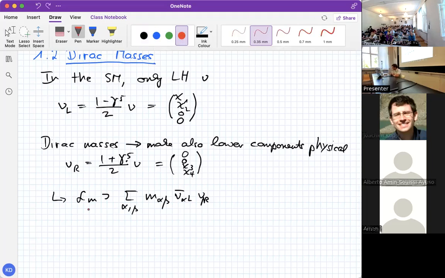So let me say one more word about this mass matrix, this M alpha beta. It's a general complex 3x3 matrix.